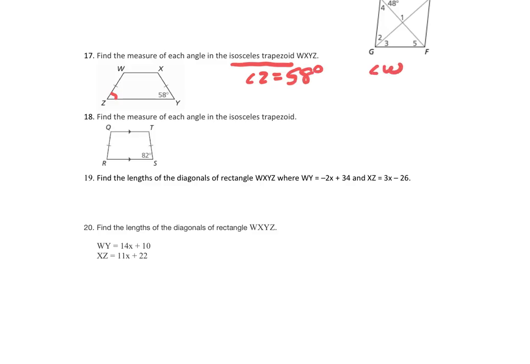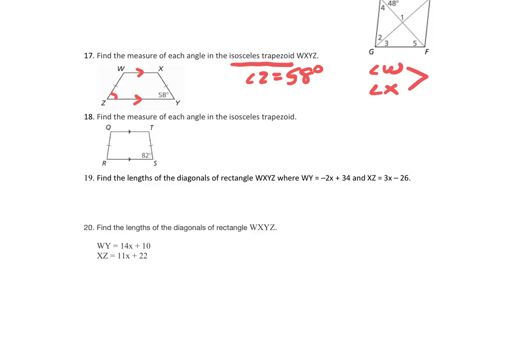Angle W and angle X are both going to be the same because base angles are congruent. How am I going to find either X or W? Remember, these two sides are parallel, right? This is a trapezoid. So what's true about X and Y?